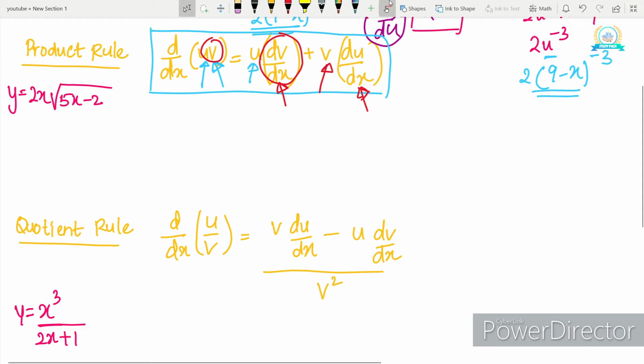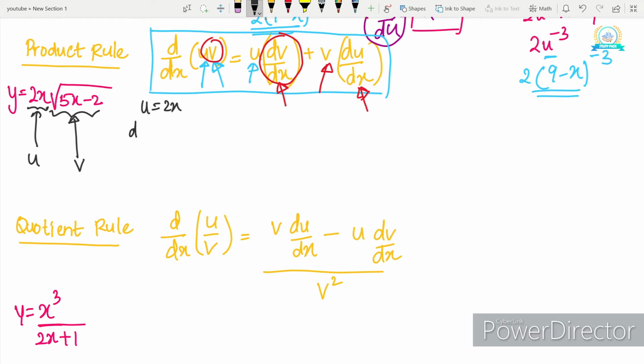So what is my u and v here? When you get used to these methods, you don't have to keep writing this is u and this is v. You can do straightforward differentiation instead of writing u and v. Since it's the beginning, I'll just write u equals 2x and then differentiate, and plug into the equation.